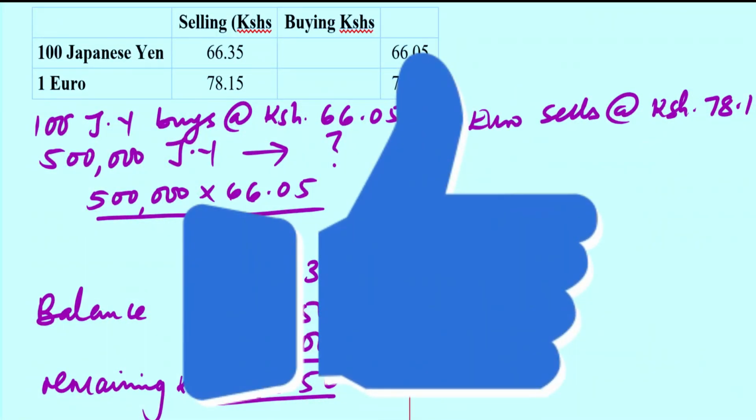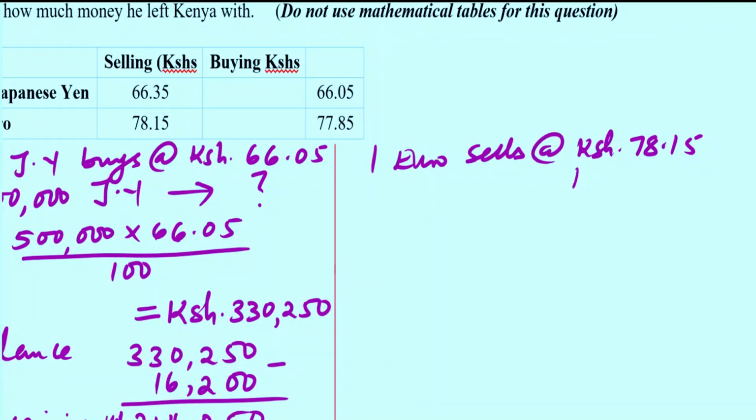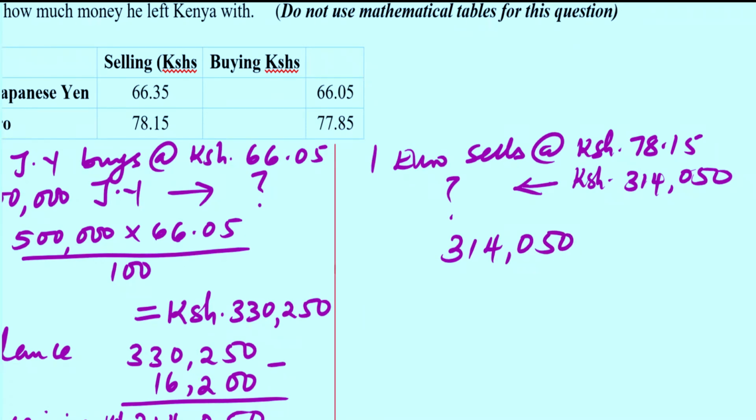What about these Kenyan shillings? The bank wants to sell to him using the amount 314,050. So to get this, divide 314,050 by 78.15, and this gives 4,018.